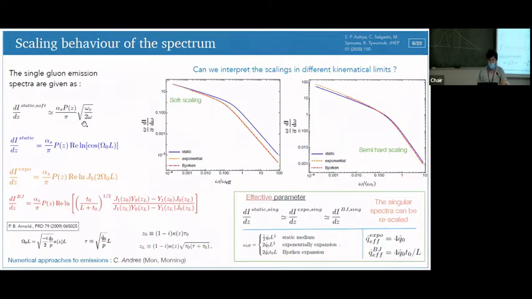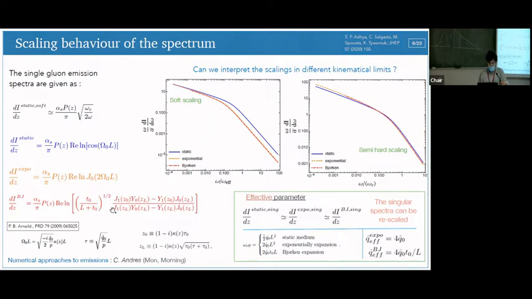Yeah. So we have all the equations in place for these different medium scenarios, that is the static in the limit of very soft approximations, as well as the full static where you have this frequency dependent term also in the single gluon emission spectrum, and also for the exponential and the Bjorken cases.